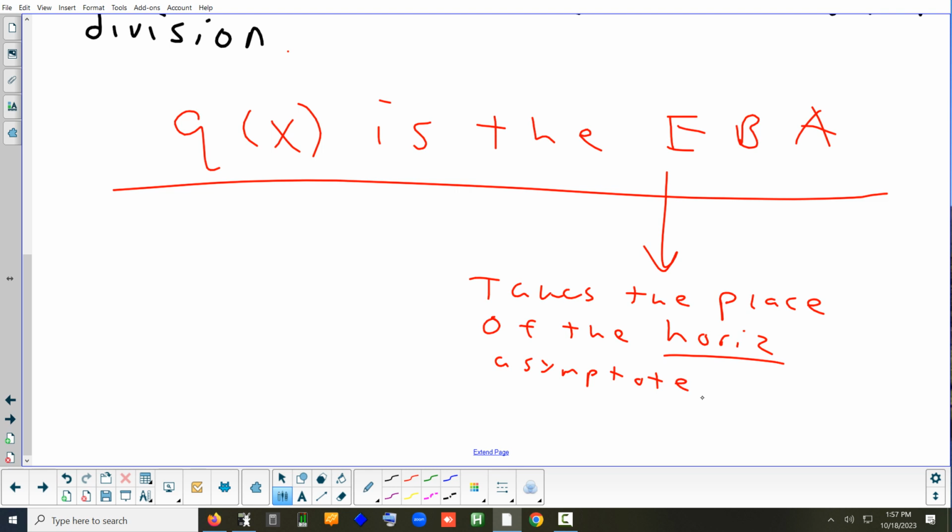You will never have a horizontal asymptote when the degree in the top is bigger than the bottom. It's impossible. So this takes the place of the horizontal. Any question on that idea? You can never have a horizontal when the degree in the top is bigger than the bottom.